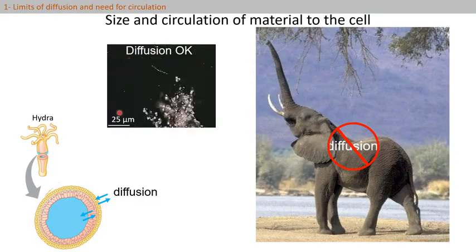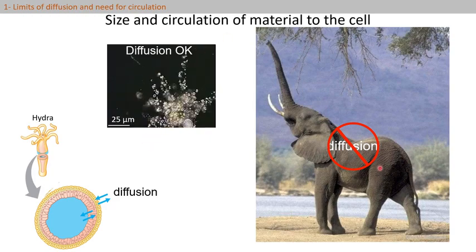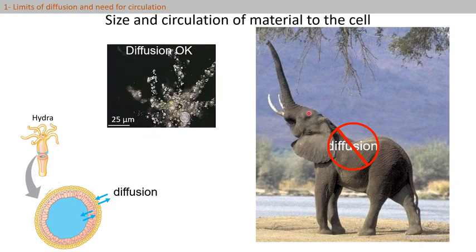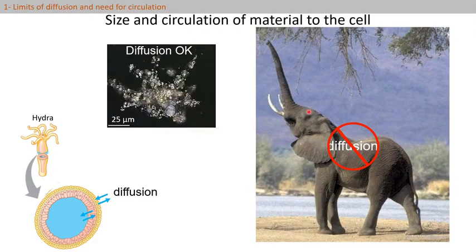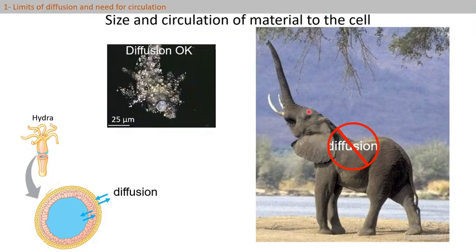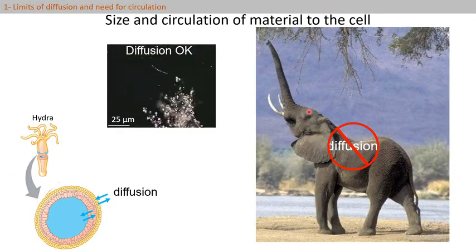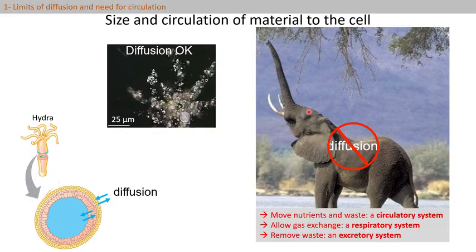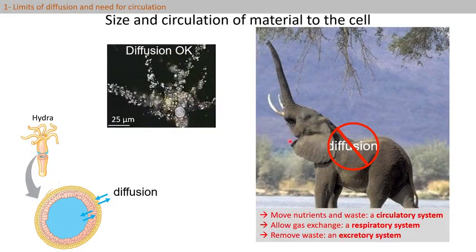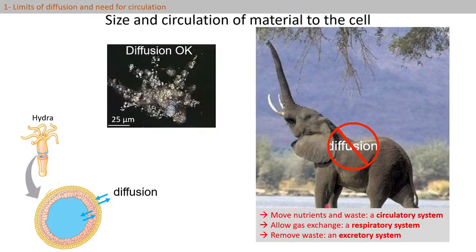But now imagine we are considering an elephant. What would be the time for a molecule to go from its gut to, let's say, the brain? Relying on diffusion is just physically impossible. So that means organisms, when they become, of course, multicellular, but even more bigger and bigger, they need to develop specific systems to move things.